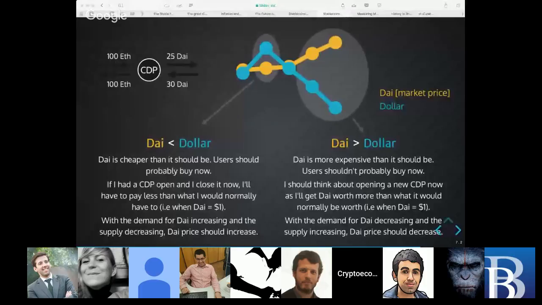Yes, so the pooled ether is a momentary solution that they created right now to be able to control, well, the system, not themselves, but the system, to control a reserve of value, right?